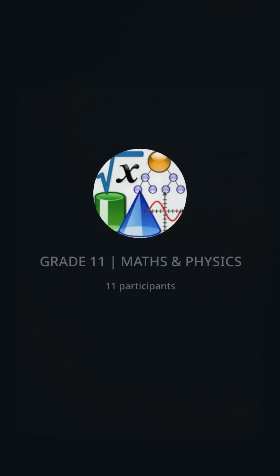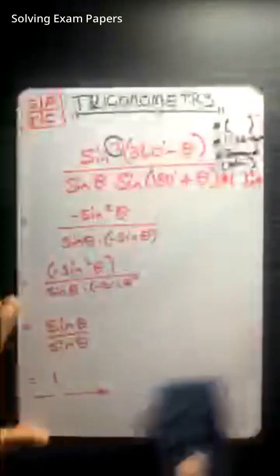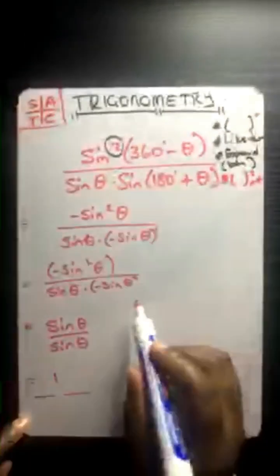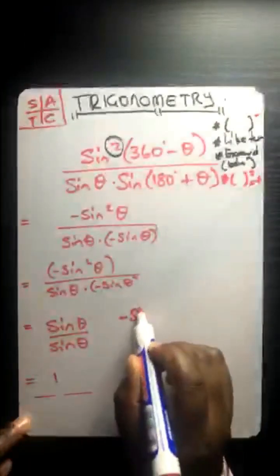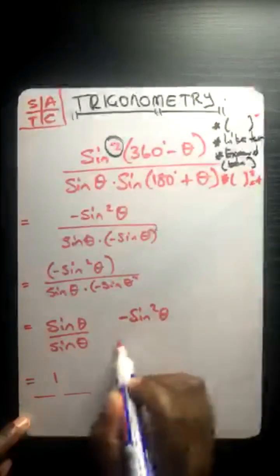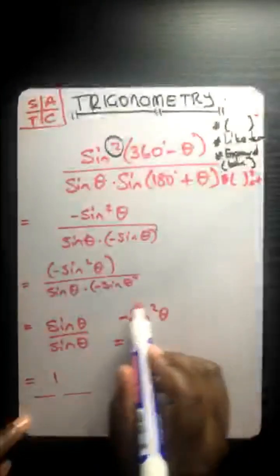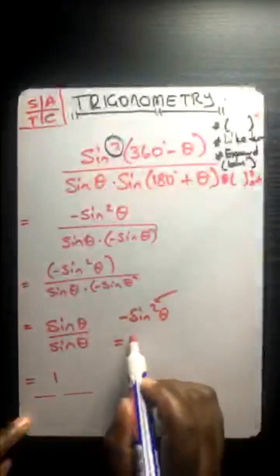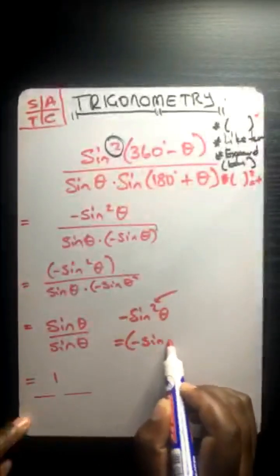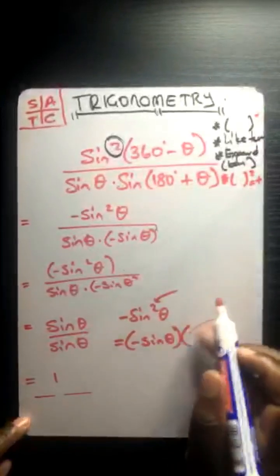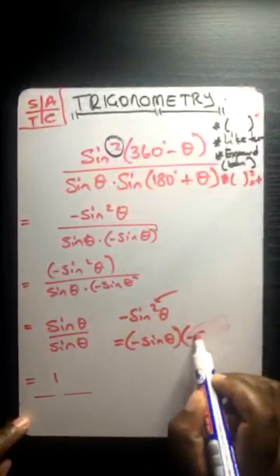Okay, maybe let me explain it again this way. A negative sine squared angle. Do you agree that this thing actually means two of the same thing? Do you agree with this one, Lindy?